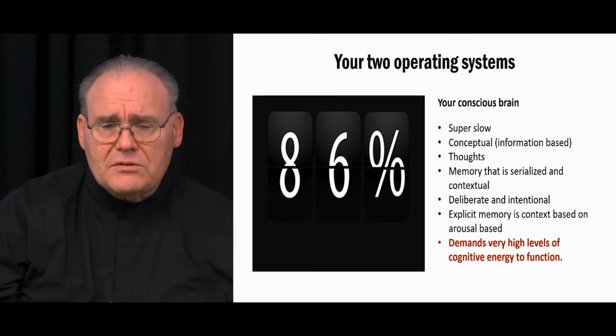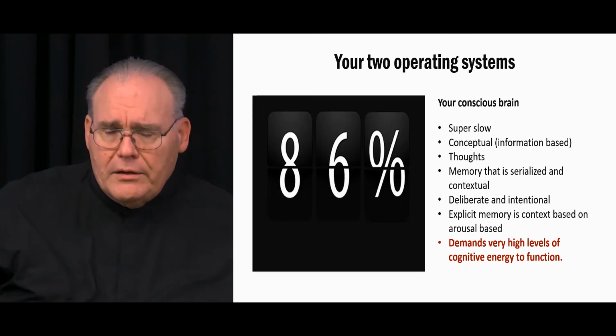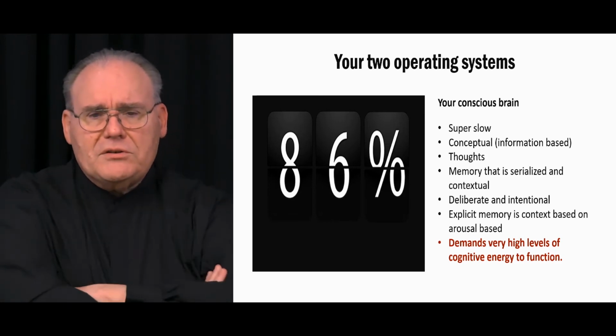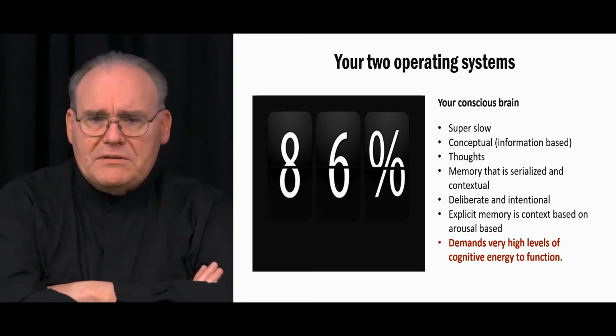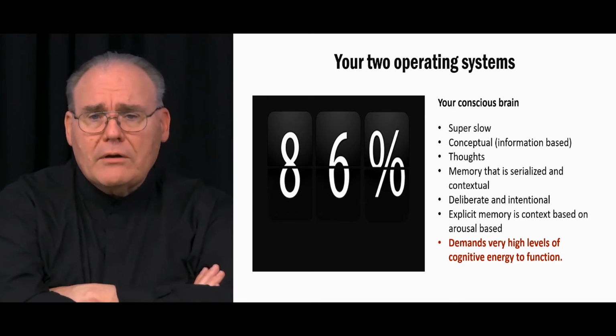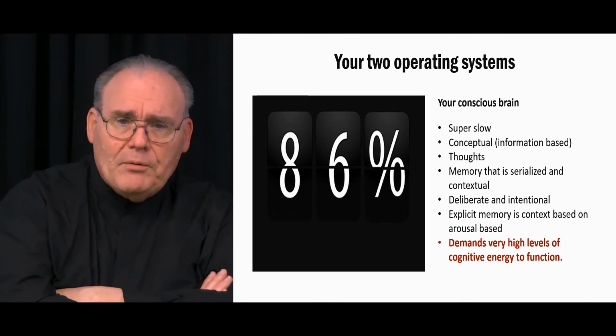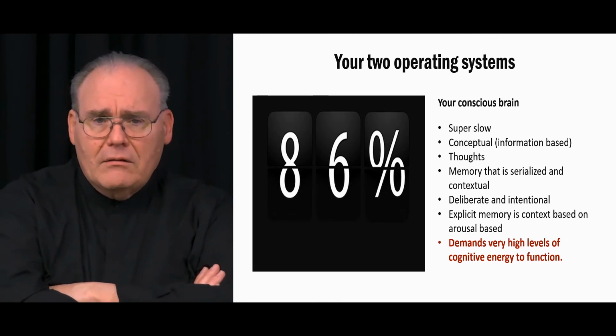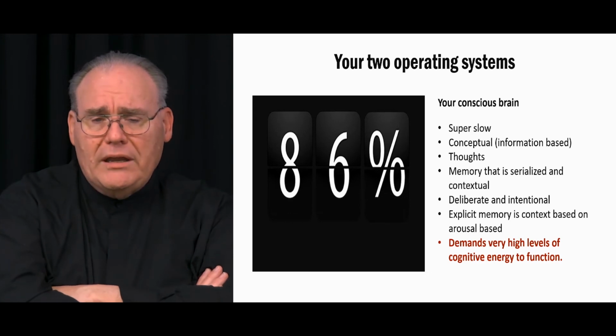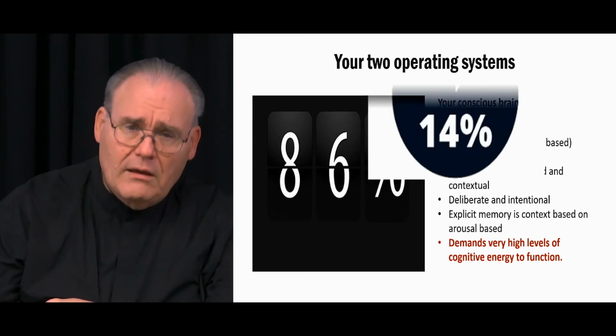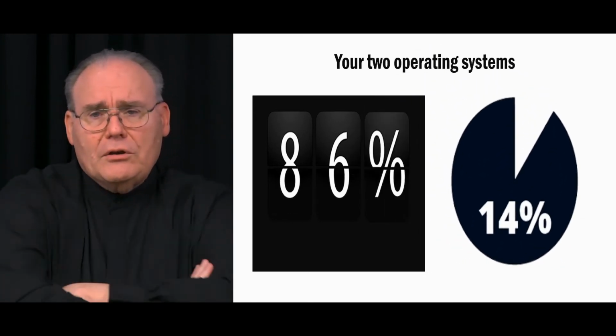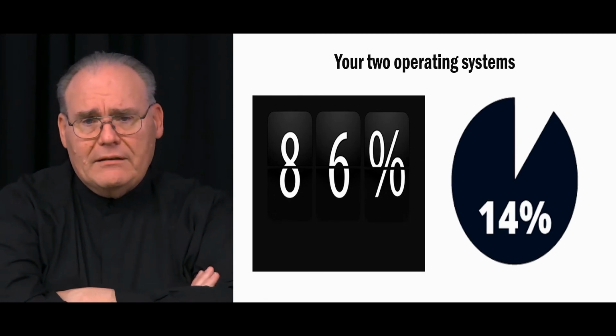Because roughly 80%, 86% of all of our behavior, depending on where you look for the research, is operating at the automatic, autopilot, non-conscious brain. About 14% is occurring in our conscious brain.